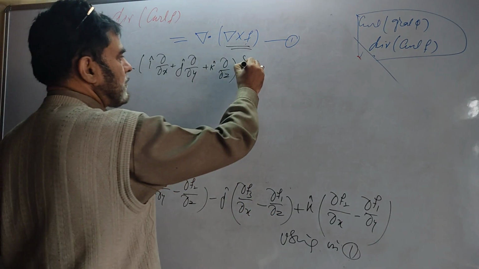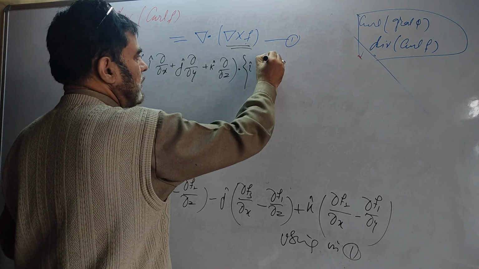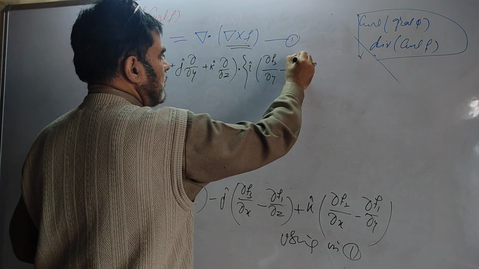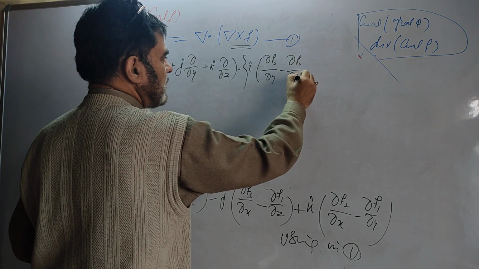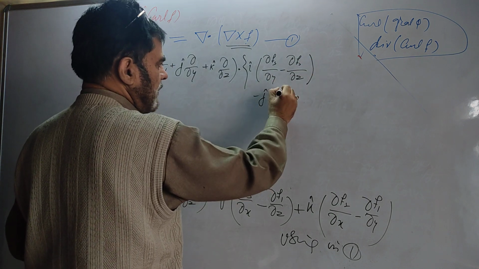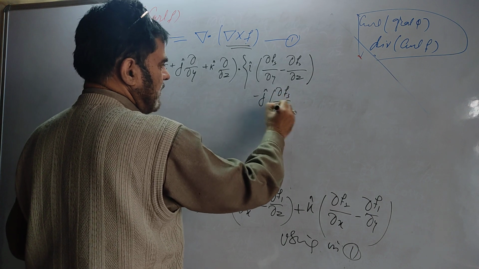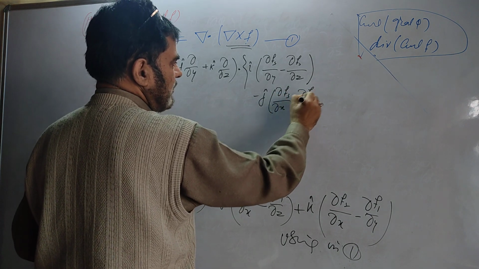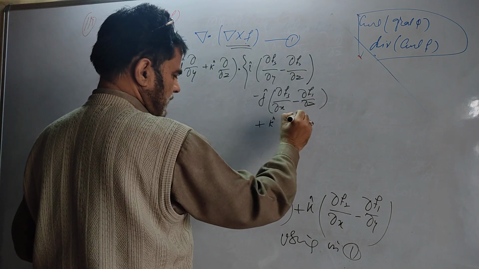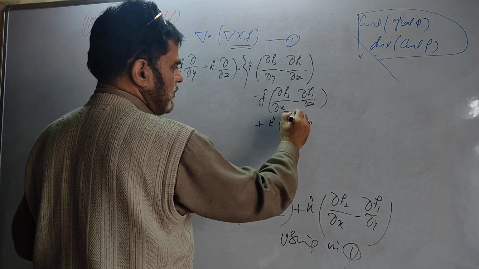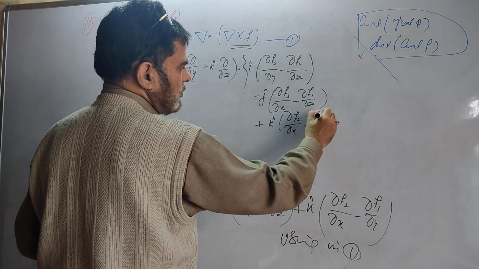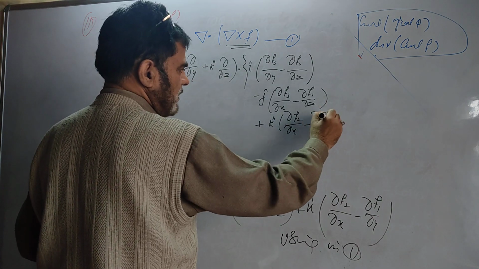It is I times dou f3 by dou y minus dou f2 by dou z, then minus j times dou f3 by dou x minus dou f1 by dou z, plus k times dou f2 by dou x minus dou f1 by dou y.